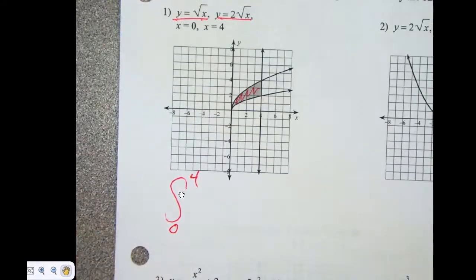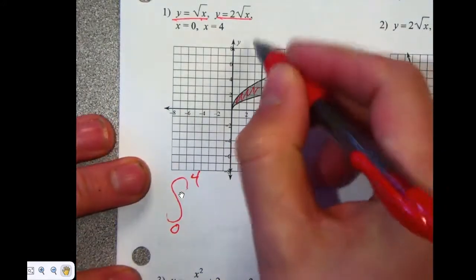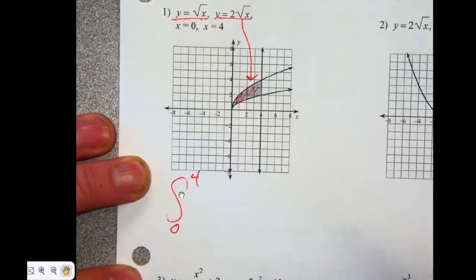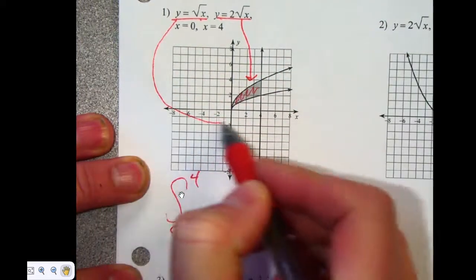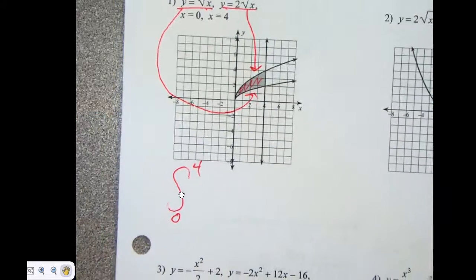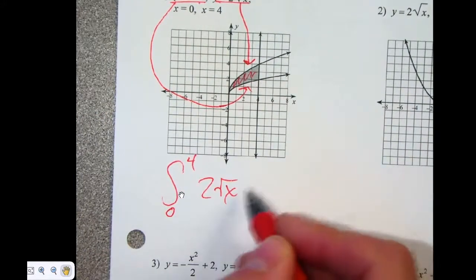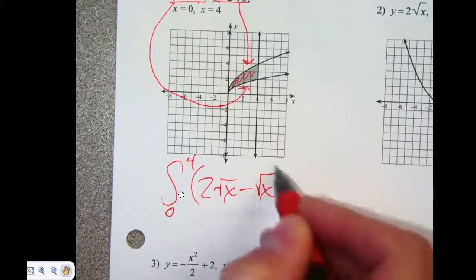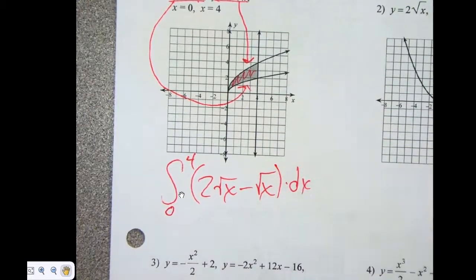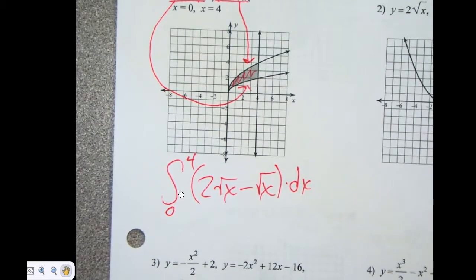So this one must be on top, and this one must be on the bottom. So I'm setting it up as the top equation minus the bottom equation times dx. And this is the beautiful part where you could just type it into your calculator. Let's make sure we're all getting what we should be getting.